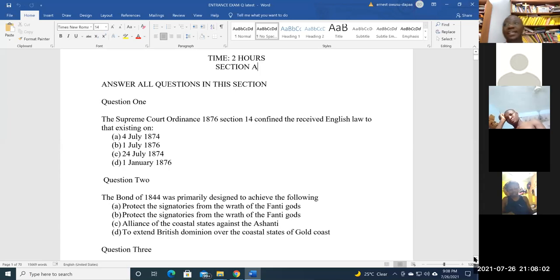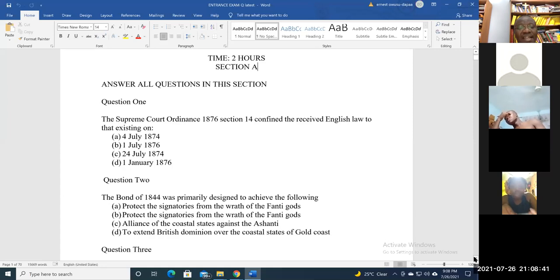In other words, the statutes of general application made ever since the British Parliament started the colonies, right up to 24th July 1874, were meant to be applicable in Ghana. What that means is that after 24th July 1874, any statute of general application was not meant to be applicable to the Gold Coast, because the Gold Coast had its own legislative council and was able to make laws for itself.